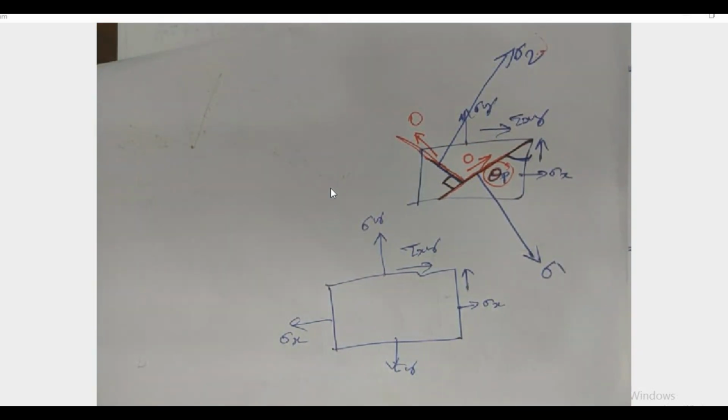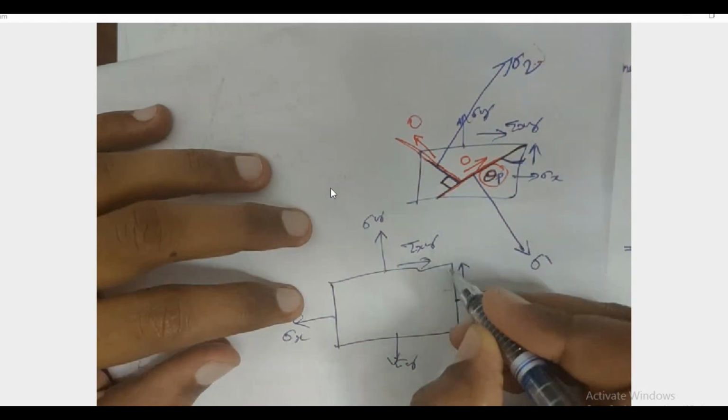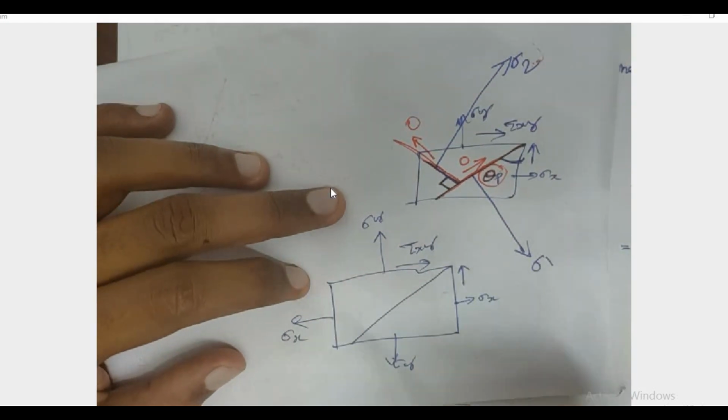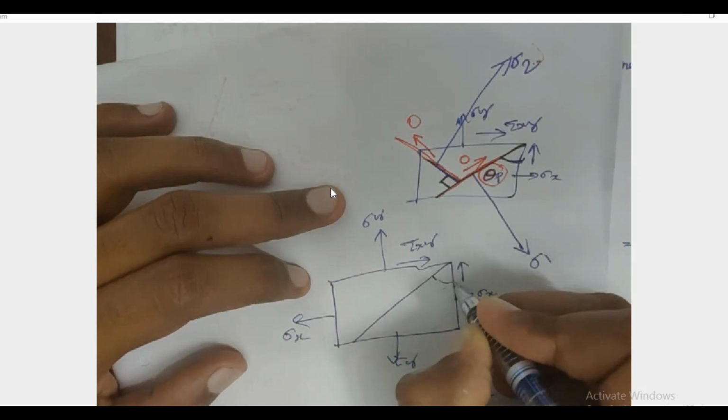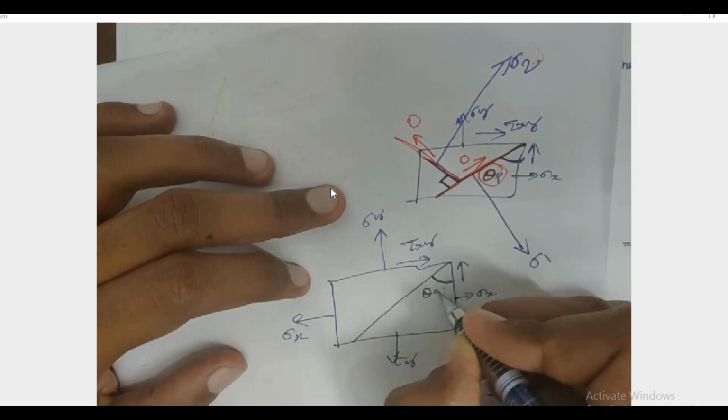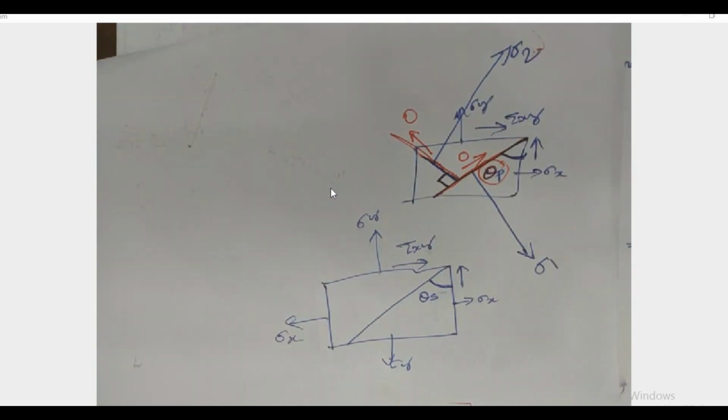Next we are going to calculate another plane. This is another plane that is at an angle theta s with the vertical. What is the main characteristic of this plane?